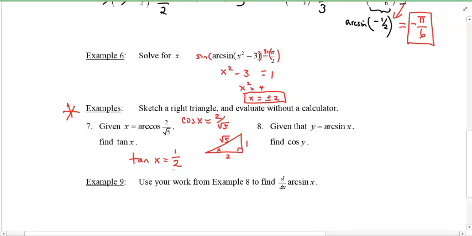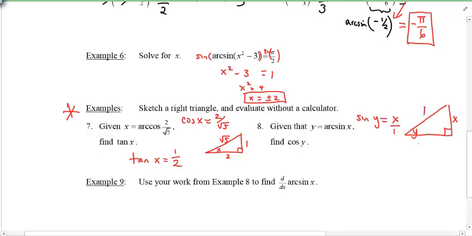Now, how about the next one? Given that y equals arcsine of x, can you then find cosine of y? In this particular case, if I rewrite this as sine y equals x, drawing a triangle says, hey, y is my angle, and sine is the opposite side over the hypotenuse side.